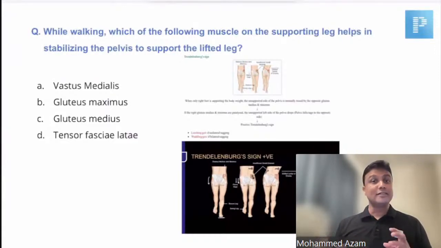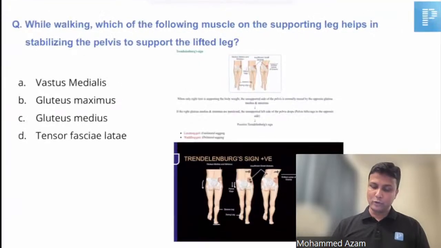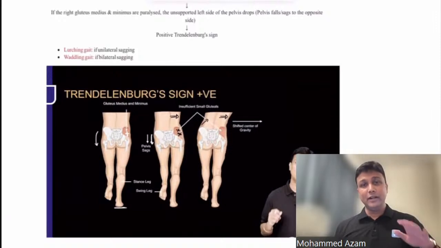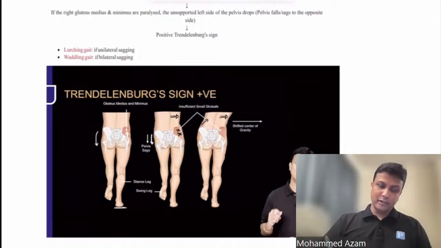This question is all about the Trendelenburg sign and the lurching gait. For example, if the right foot is on the floor and the left foot is off the floor, what is going to happen here?